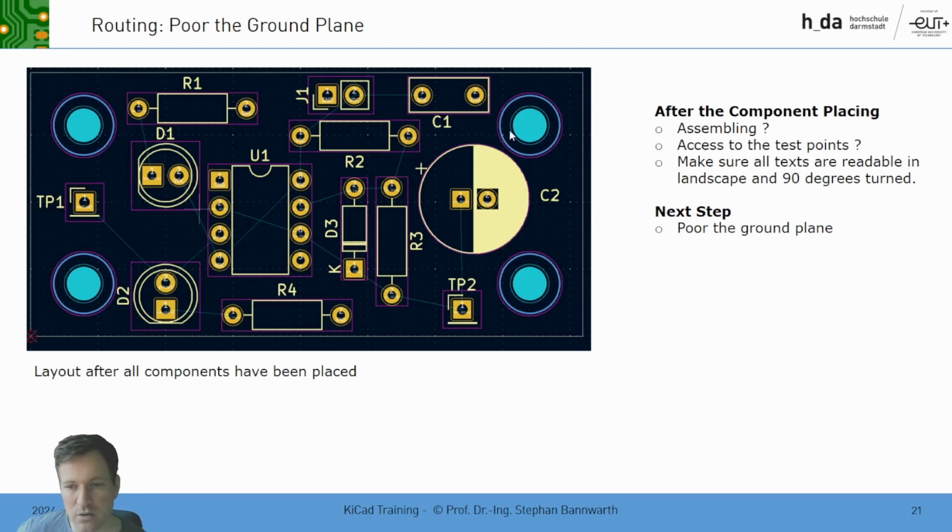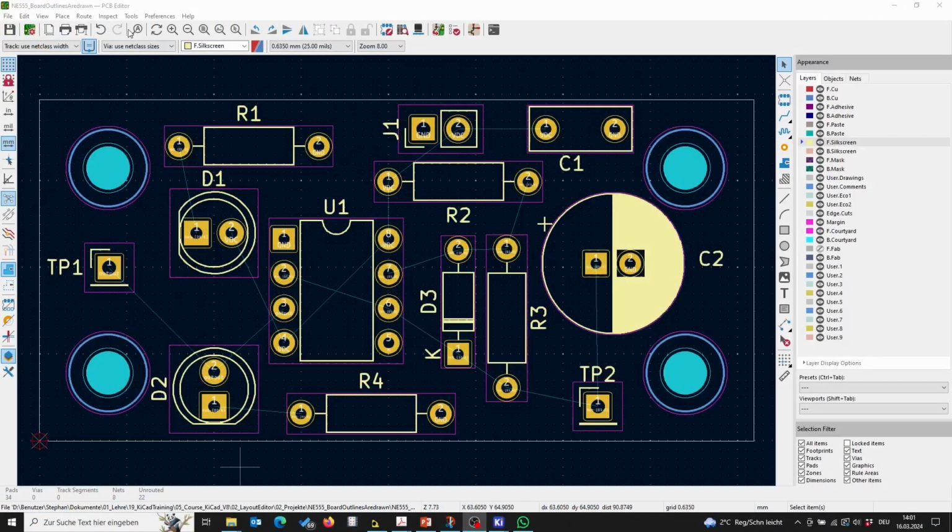So the next step would be to pour the ground plane and see how the ground connection is poured, and we then need only to resolve the traces. Now let's pour the ground plane. In order to do this, we select the bottom copper because it's a ground plane, and we use here this add a fill zone area.